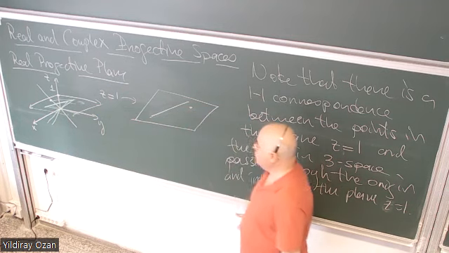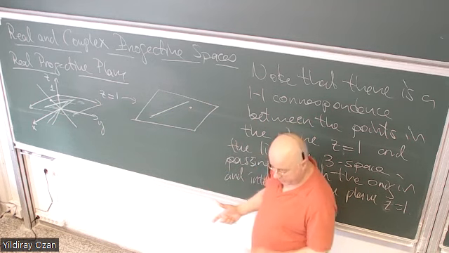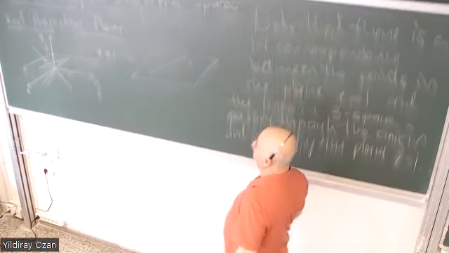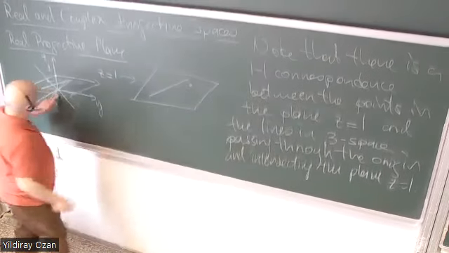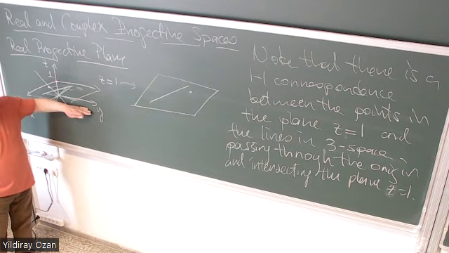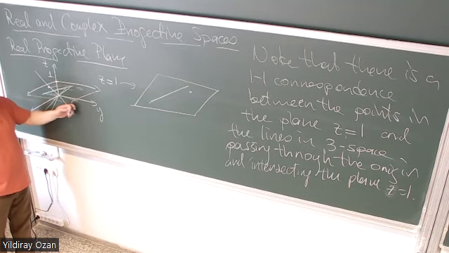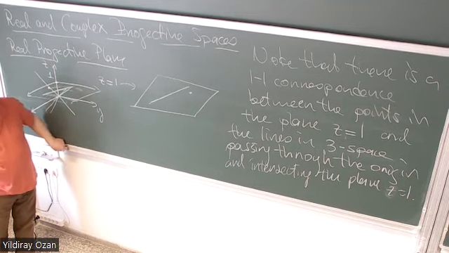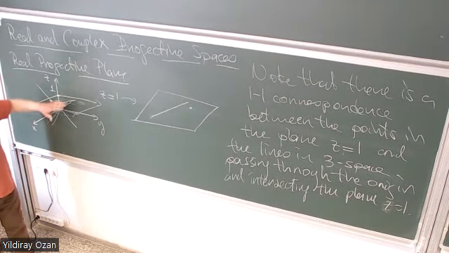But you see, there are some other lines. What are they? Well, if you choose a line in the xy plane, right, it will never intersect this plane because they are parallel. And that will be the extra part we will add to the usual Euclidean plane.